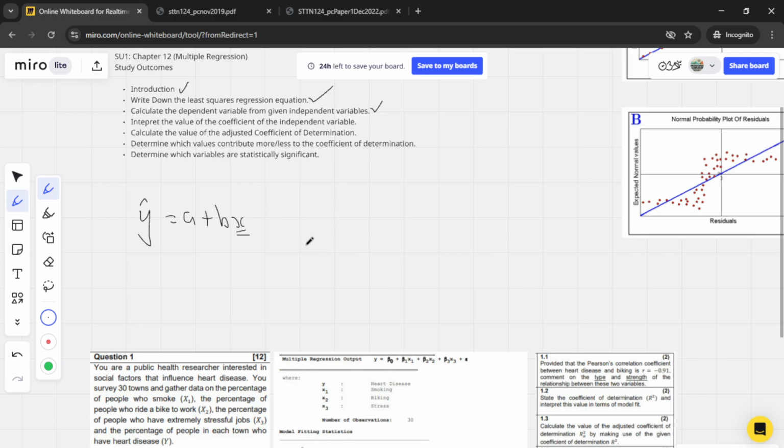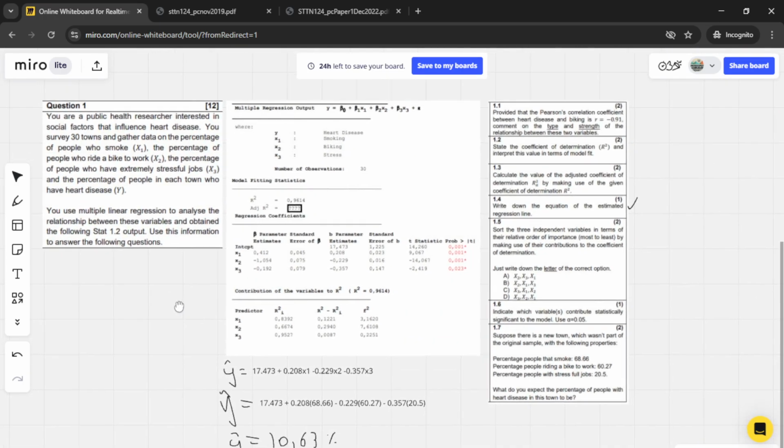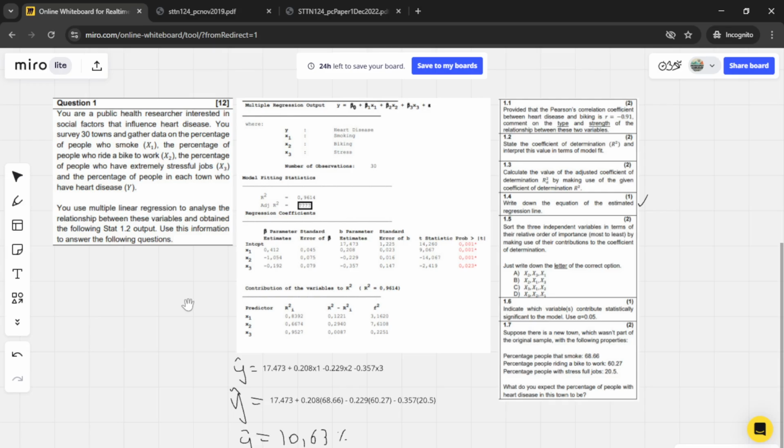Done. All right, interpret the value of the coefficient of the independent variables. This is one question that they like very much. Actually, all the questions that are here they do like, but this is one of them.